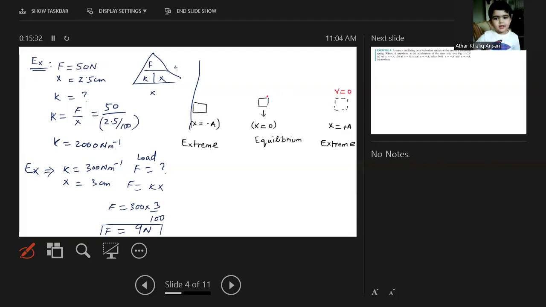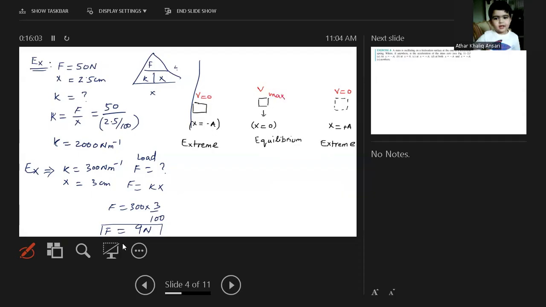When it moves from the equilibrium position, it moves faster and the velocity is maximum. Here velocity is maximum, and here velocity is 0.